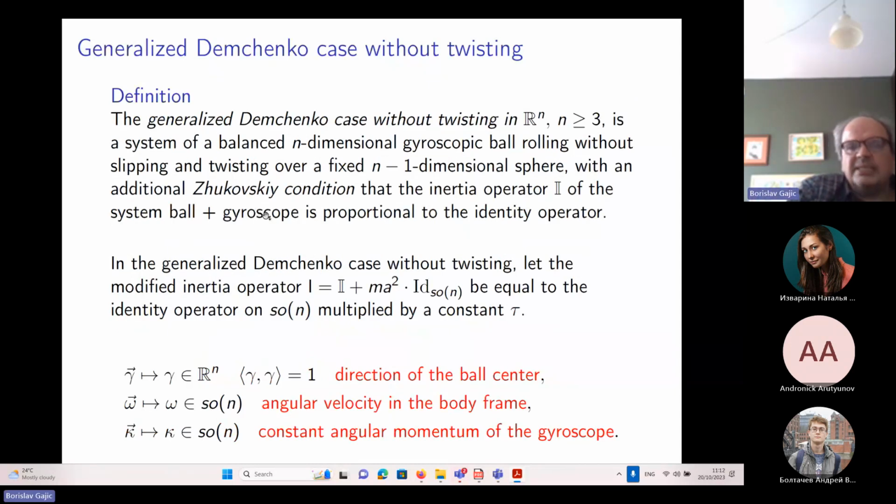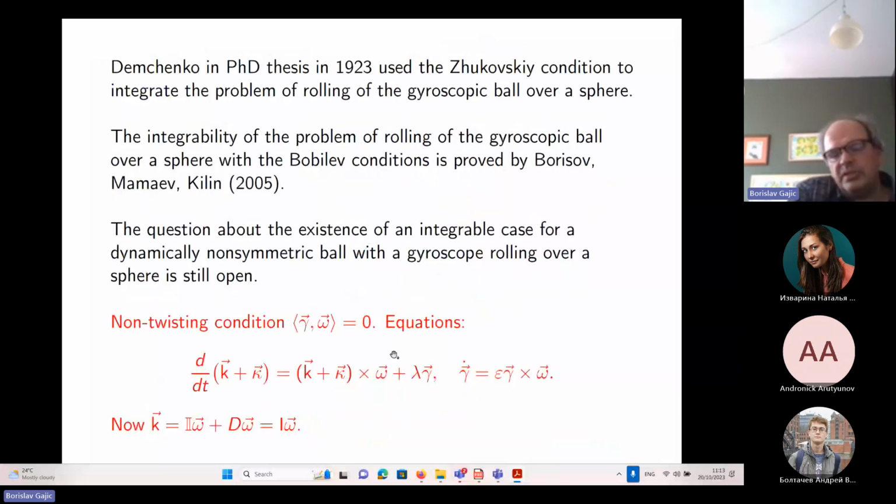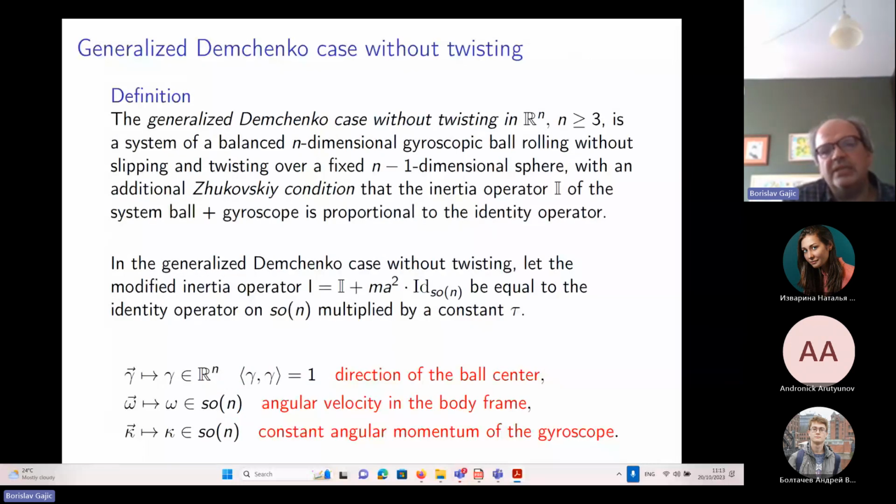In this case, one can prove that this system is SO(n) invariant, with an action of the group G equal to SO(n), and one can reduce the equations to the cotangent bundle of the sphere. So we consider the generalized Demchenko case without twisting, whereas Demchenko considered it with twisting possible.